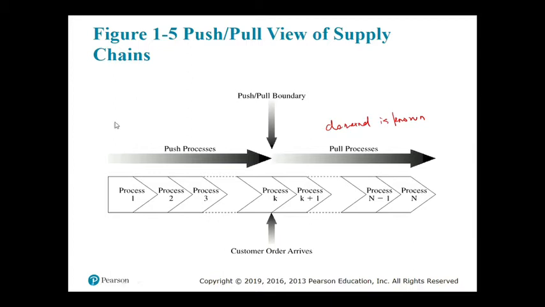Whereas in the push process, the demand is unknown. Now, in terms of demand uncertainty, we'll have zero demand uncertainty in the pull part and full demand uncertainty in the push part.